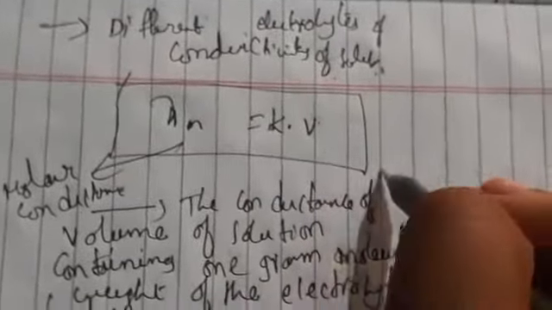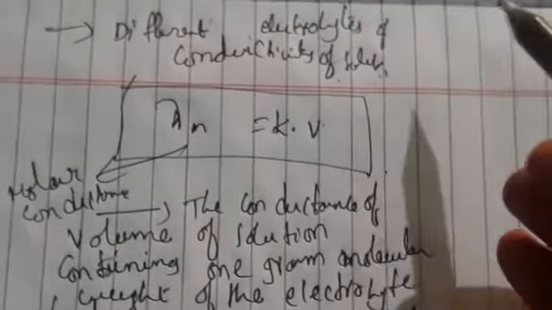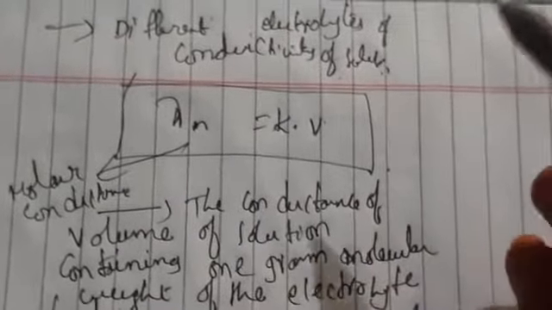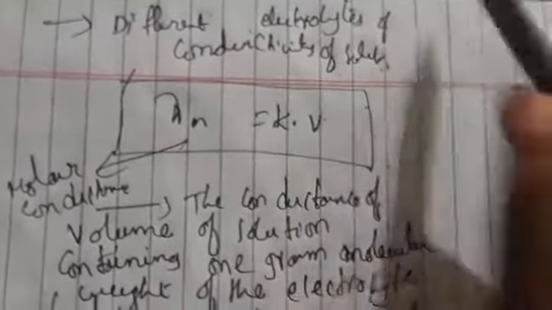So there will be some change in the size of the ion and in the concentration of ions, or whenever the ions are moving under the potential difference.